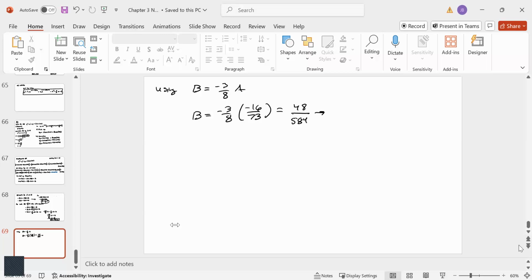And then you got to simplify this. So how would I simplify this? I just divide by 2 until I can't anymore. So divide by 2, divide by 2. So 584 divided by 2 is 292. And then I divide by 2 again. And then I get 100 and something.